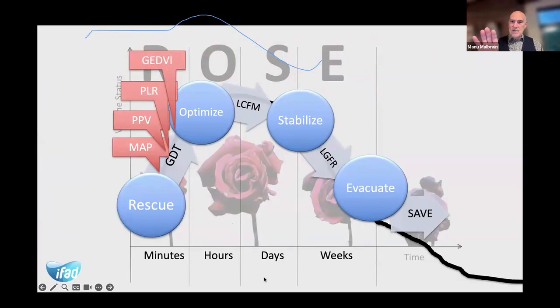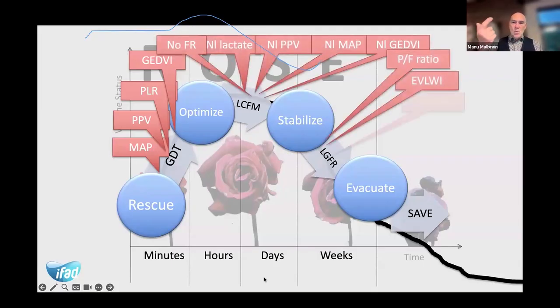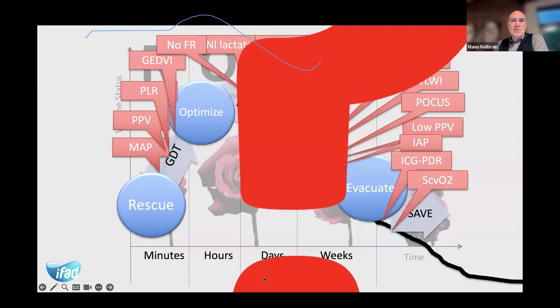Now, how to guide initially? Macrohemodynamics, passive leg raise, fluid responsiveness, lactate. When these normalize, you can stop fluids. When there is an impact of fluid accumulation on organ function, venous congestion, intra-abdominal hypertension, as in my personal case and the other patient I presented, then you may need to evacuate and try to avoid hypoperfusion.